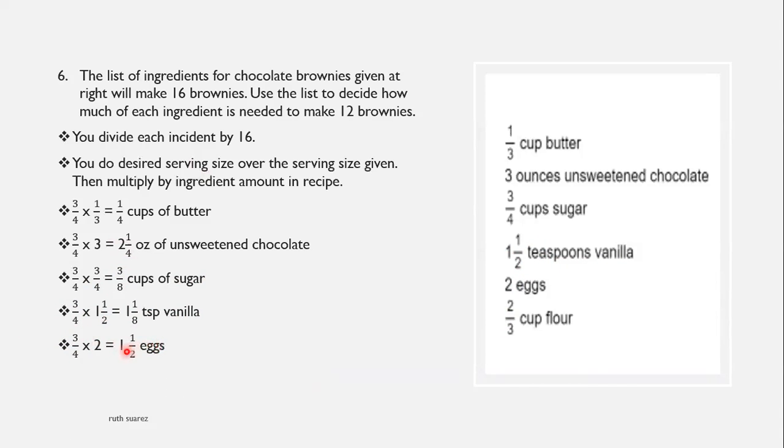So I don't know what you would do with the other half of the egg, but apparently that is what they want. So good luck with that. Then 3/4 times 2/3 cups of flour multiplied together is going to give you 1/2 cup of flour.